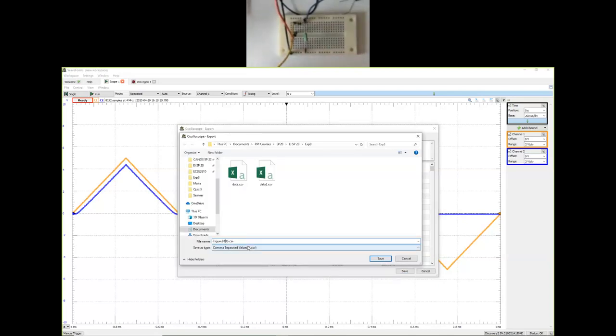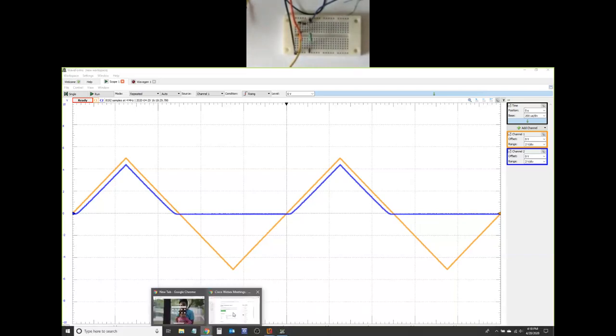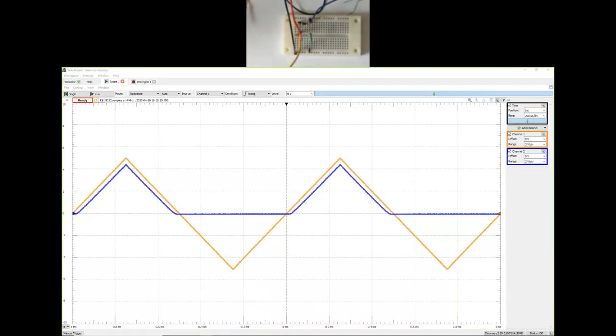No, this is not B10. This is B8. The first one. Okay. All right. So if I share the data with you, I hope you guys can import it into MATLAB and sketch things over there. All right, let's move on here. Thanks for participating. What do we have next?